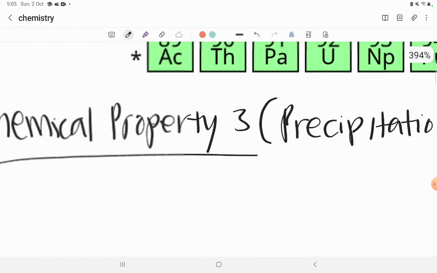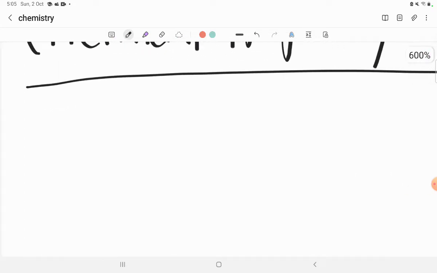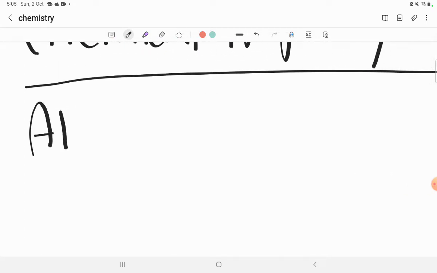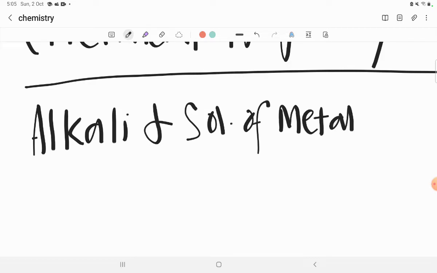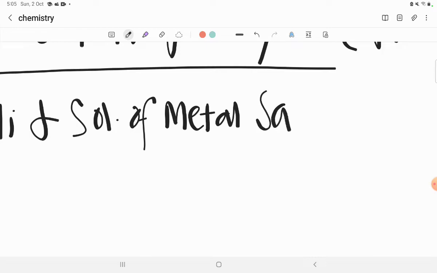It is when an alkali reacts with a solution of metal salt. So what is a solution of metal salt?